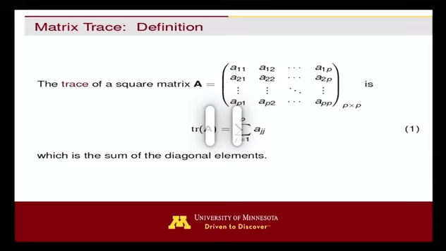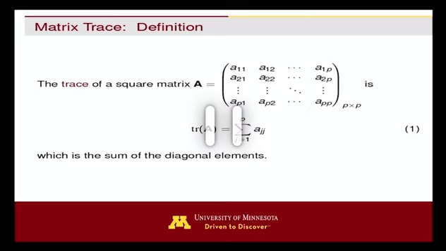We use this a lot in multiple linear regression, where you have a design matrix, and when you take a look at your variance covariance matrix, we expect it to be a square matrix as well. In the diagonal of a variance covariance matrix, you have the variance of each variable, and you want to know the total variation.